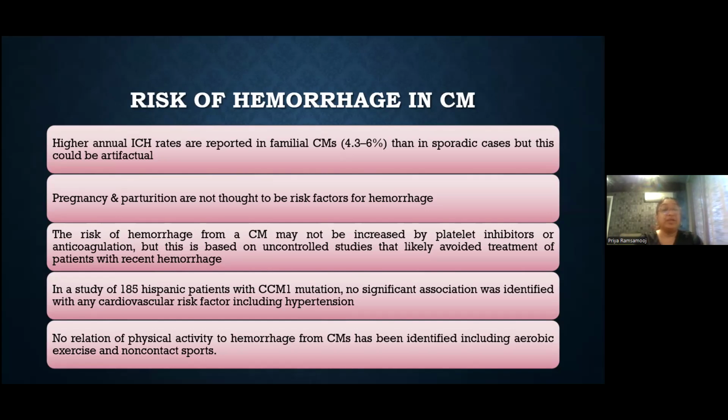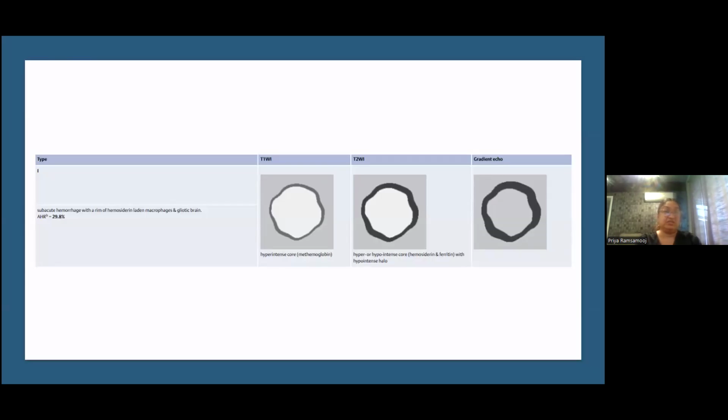And of course, no relation of physical activity to hemorrhage from CMs has been identified, including aerobic exercise and non-contact sports. But to be fair, they have put a little bit of a disclaimer that they don't know about high altitude climbing and scuba diving. They really can't definitively say that there's no correlation between hemorrhage and these types of activities.